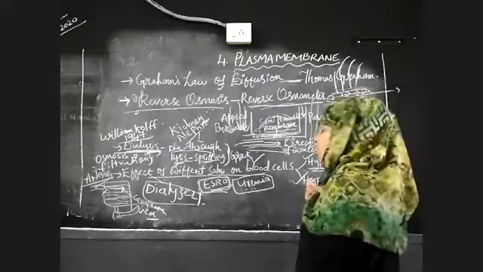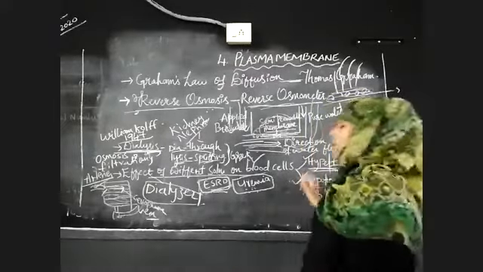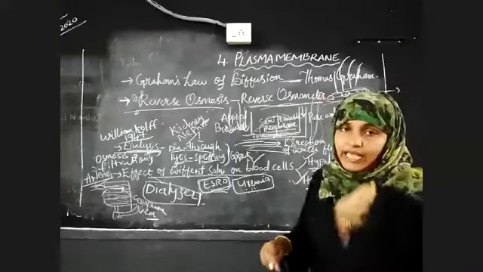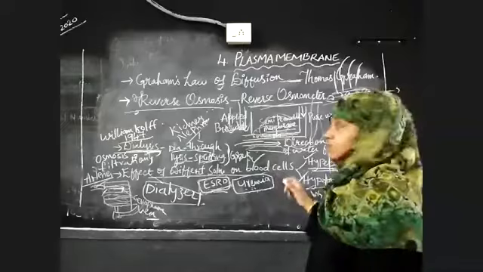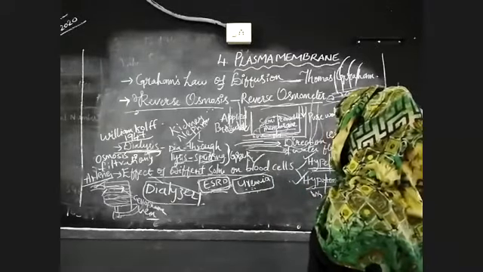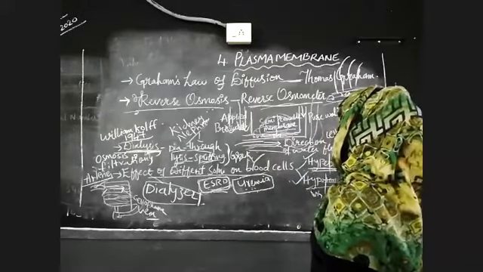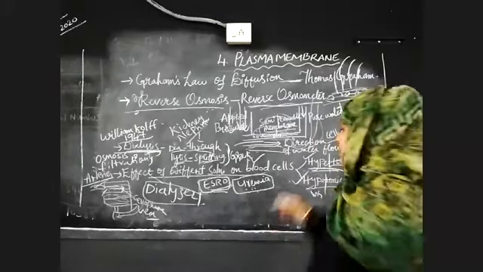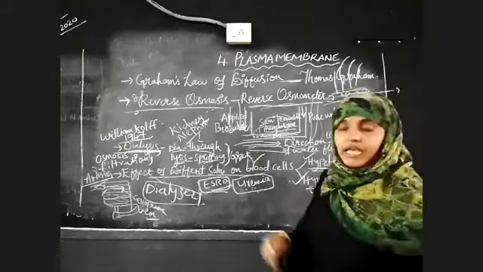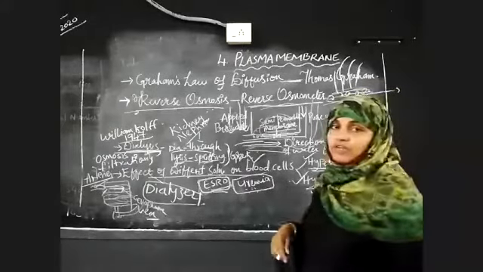Why these changes do not occur in the plant cell is that the plant cell has an extra layer called the cell wall. This cell wall of the plant cell is made up of cellulose, hence it is not showing any change. Whereas if you take an animal cell, here RBCs, they will show the change.